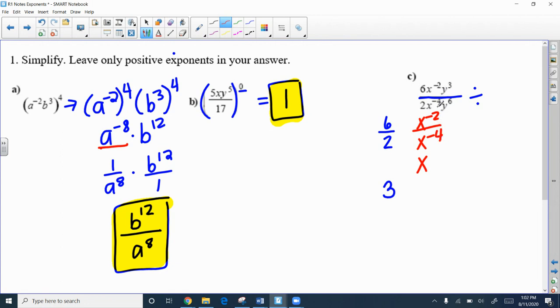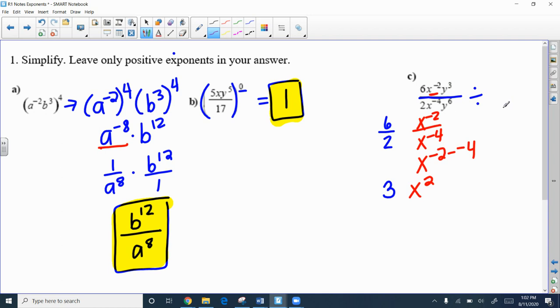But you have to be super careful with your signs because we're actually subtracting a -4. So I have x to the -2 minus -4. So I'm subtracting a negative. That actually ends up as x to the +2 power once I simplify. So even though it had negative exponents, once I simplify, it does not anymore.